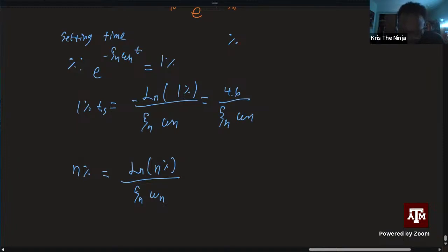Percent settling time is the total time for the system to settle within the percent that you want of the final values.